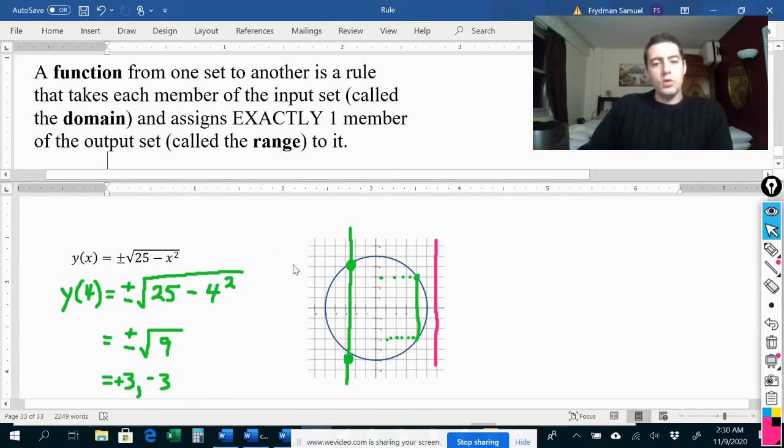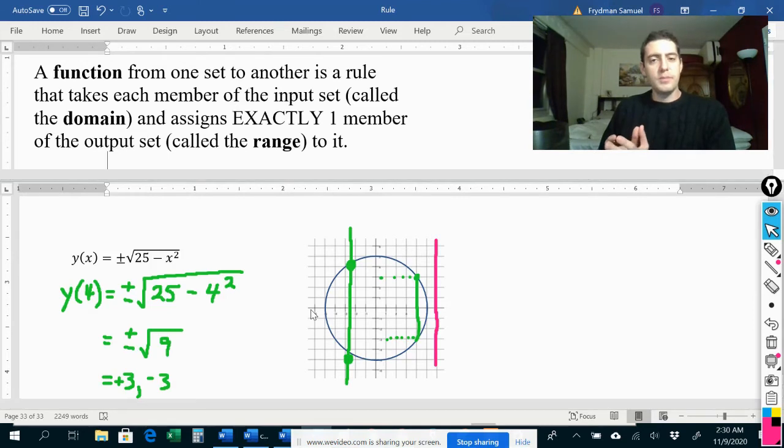The domain would be the input numbers that we're interested in. So we can choose which numbers we want to include in our domain. So sure, remember, our domain here is on the x-axis.